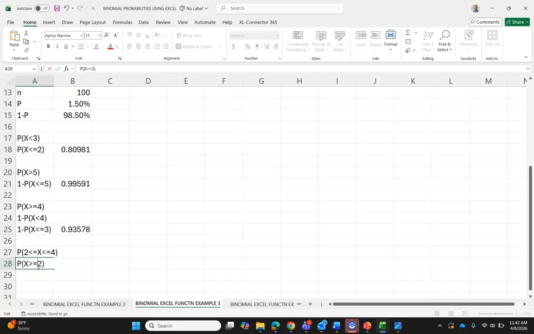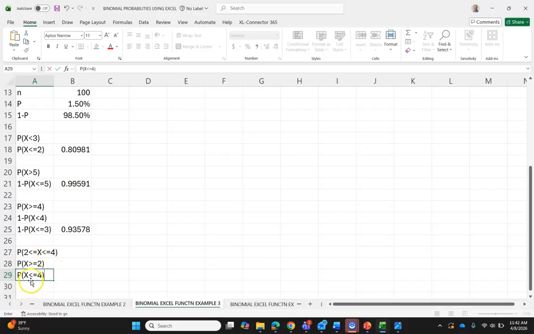In other words, it says x is greater or equal to 2. And we have probability of x such that x is less or equal to 4. Sorry, not 6, it's 4. That's what it says here. X is less or equal to 4.